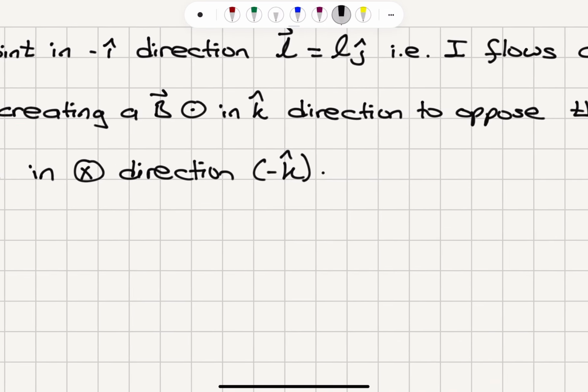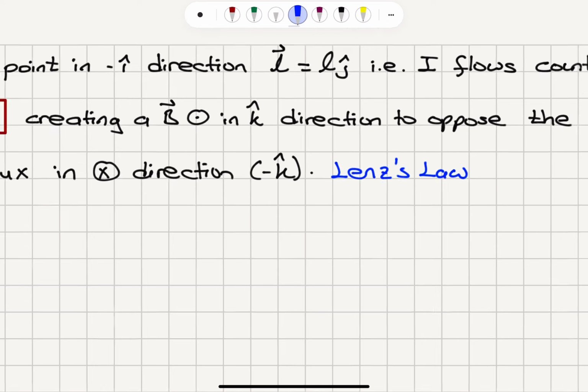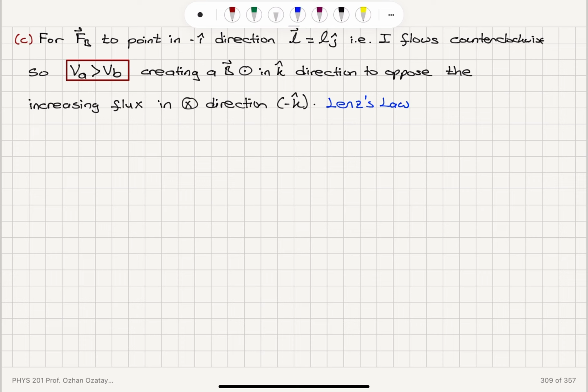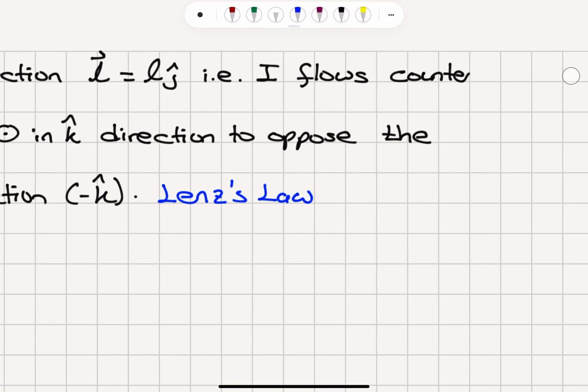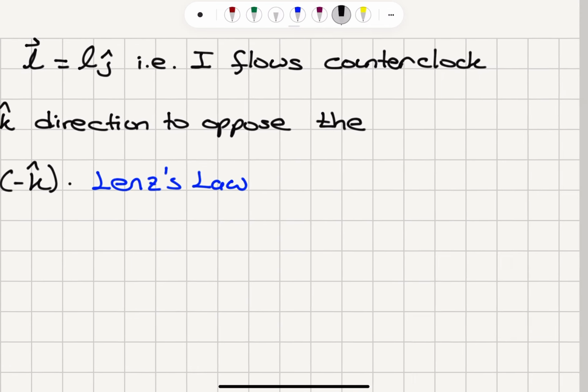So basically, this satisfies Lenz's law. All right, so we have determined A has to be at a higher potential compared to B. So the current flows counterclockwise.